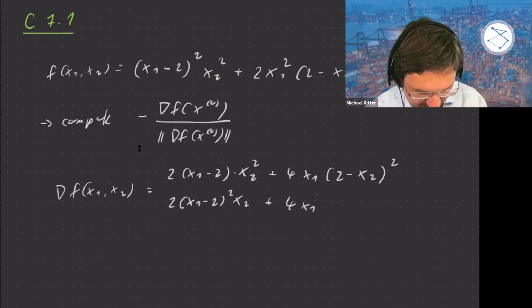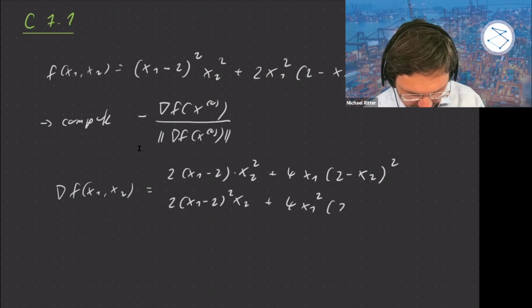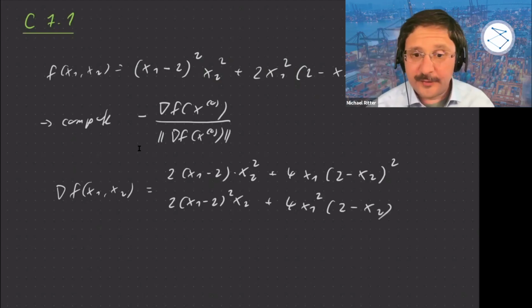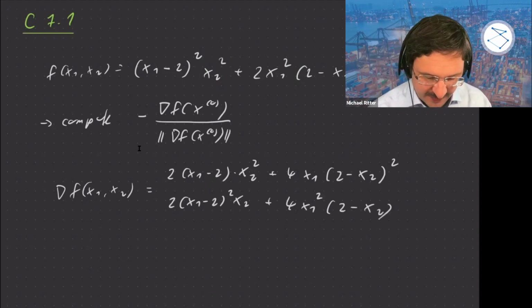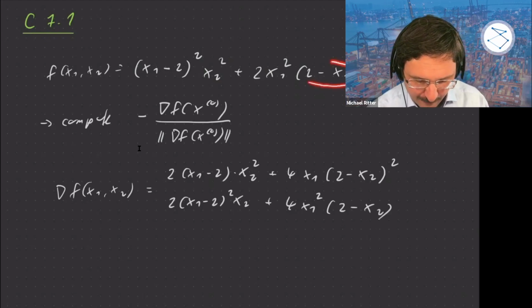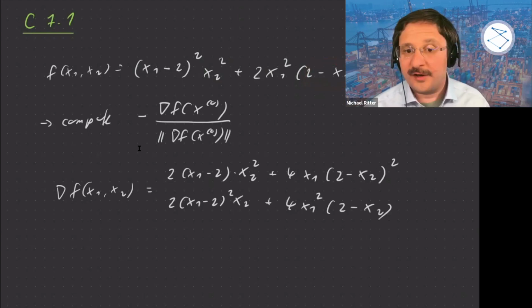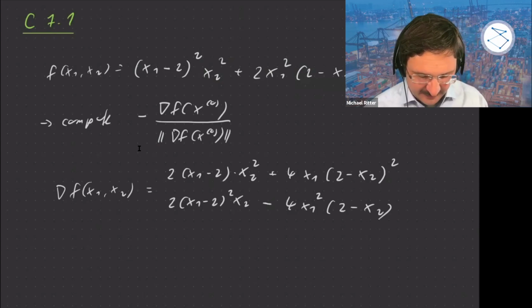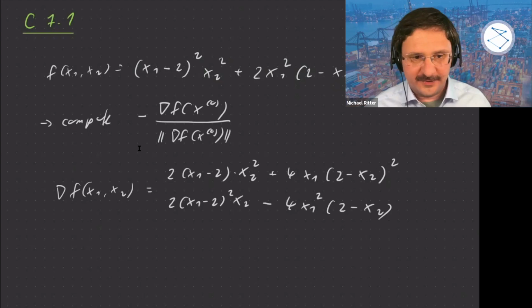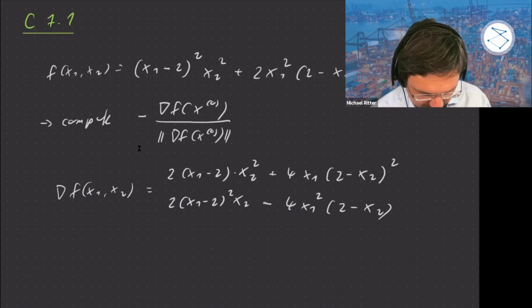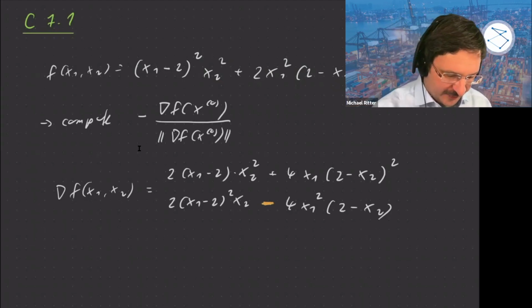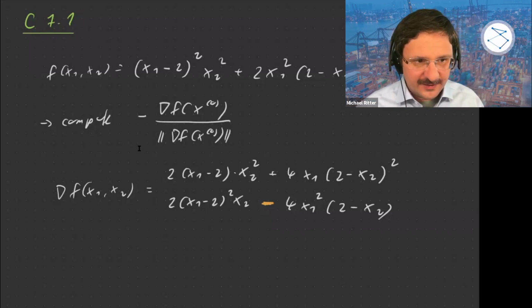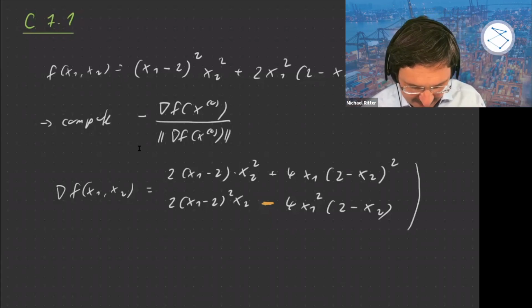We just keep the x1 squared. And we have (2 minus x2). And then again, we have to multiply with the derivative of the inner function, and that is now -1. So we multiply that thing by -1, and that's the same thing as changing this plus into a minus here, right? Let me do this in a color so that you can all notice what I did here. So this needs to be a minus, and that's the gradient.